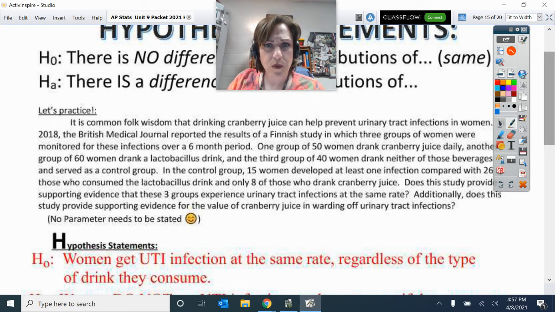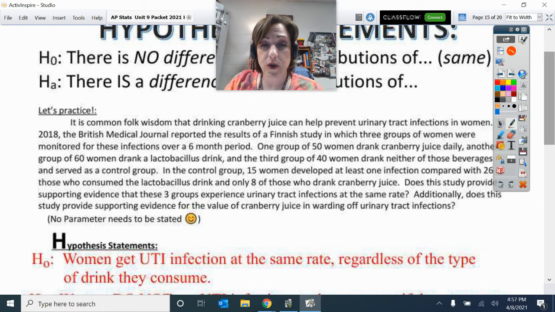Those kinds of ones have that type of bacteria in there. Okay. And then the third group of women, 40 women, drank neither of those beverages. So we don't care what you drink, just stay away from these 2 things. They served as a control group.